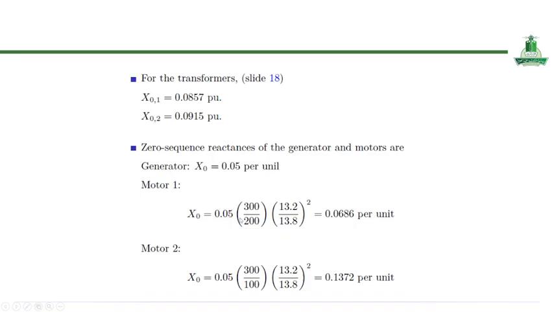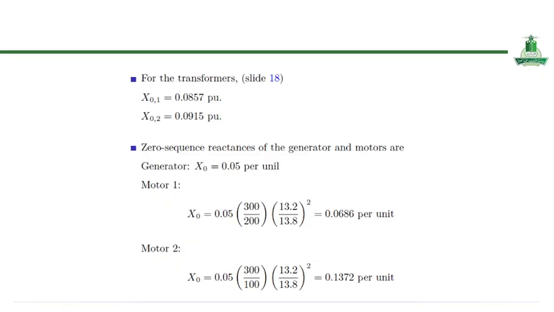Then the zero sequence reactance of the generator is specified as X0 equal to 0.05 per unit. For the motors, however, their reactances must be converted to a common base using the per unit transformation formula. For motor 1, the reactance is scaled considering both power and voltage base changes, resulting in X0 equal to 0.0686 per unit.